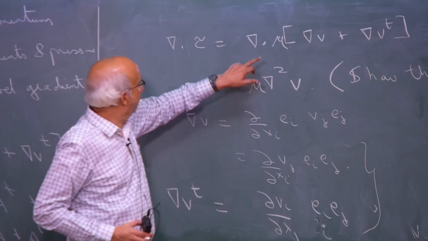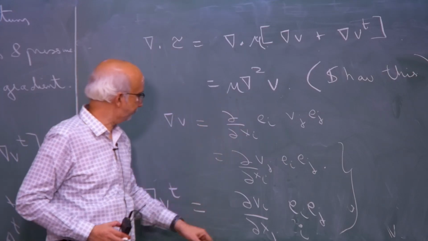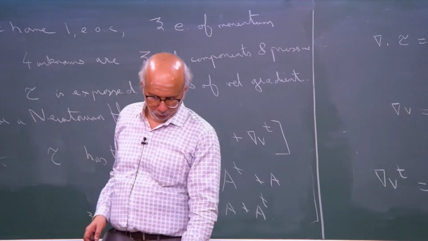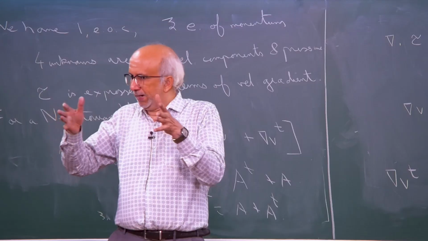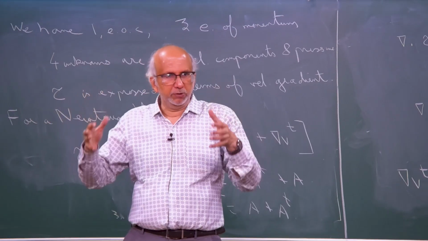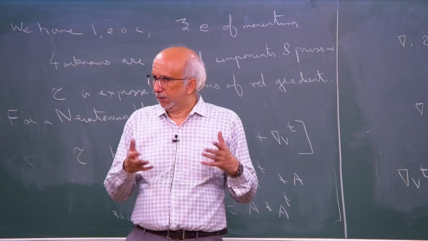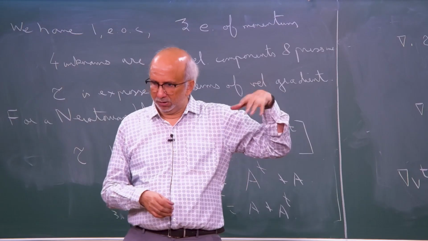There is a mu: del dot tau is mu del square V. I can keep doing it on the board again and again, it does not matter unless you do it for yourself. But the idea is you evaluate it, you will get a bunch of terms. From the equation of continuity, 3 of the terms will be 0, only 3 will remain, and those 3 will be your del square V_i. So, once you can do this, then it is fine.